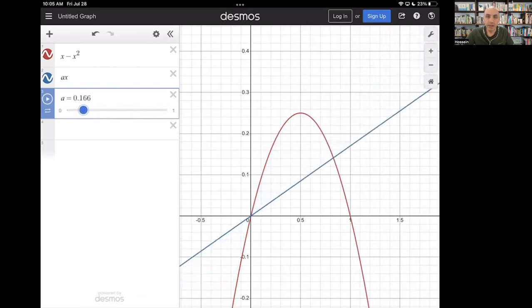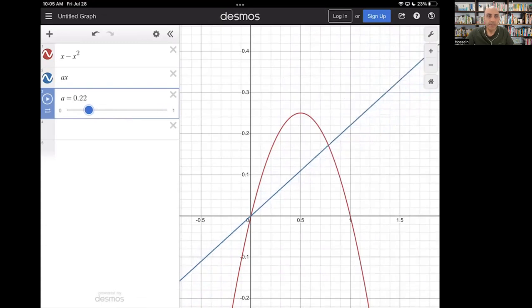We want to find the slope of the line in such a way that the area above and below are equal. Let's say, for example, around here, the area above and below, I think in this condition, they're roughly equal.